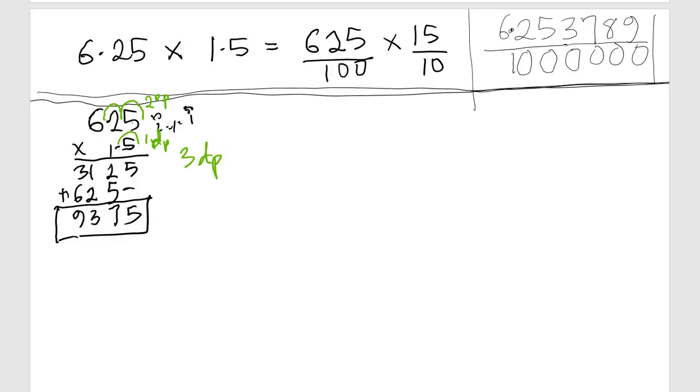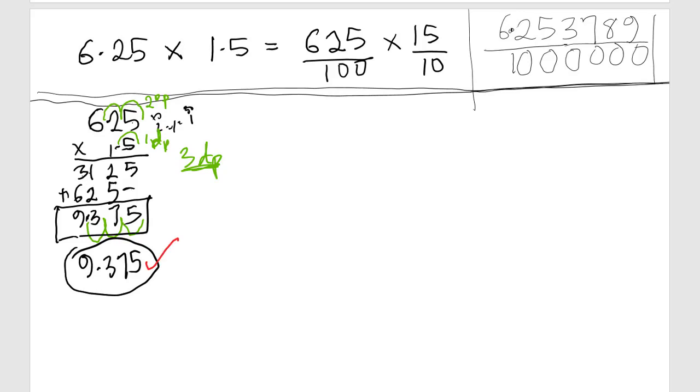So you come to the answer, you start from the right and you count 1, 2, 3 decimal places. So this is where you put your decimal point. So the answer is 9.375. So this is one way of solving this problem.